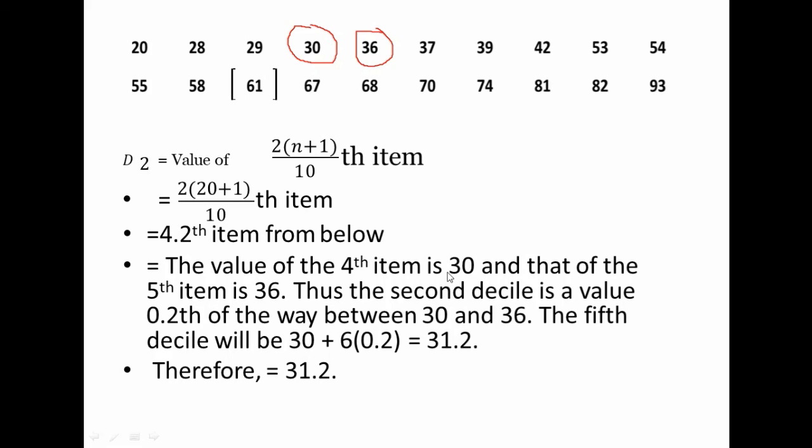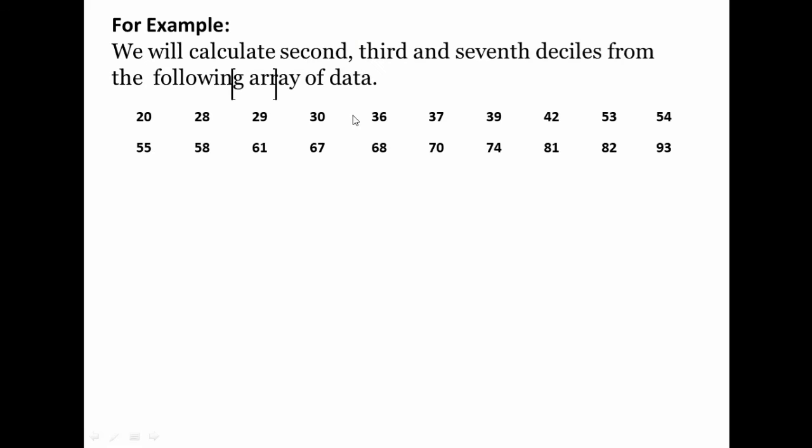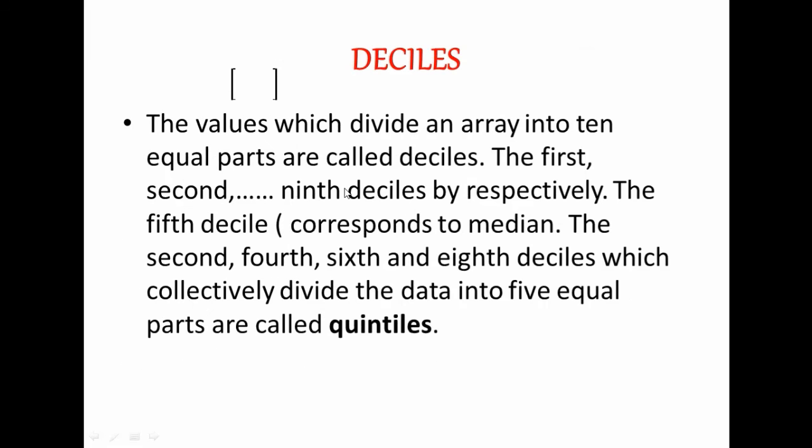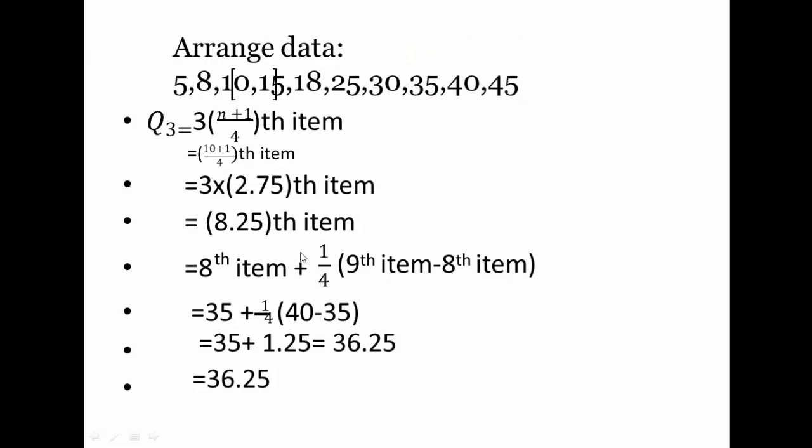So dear students, first of all, note the gap, the difference between these two numbers. Similarly, for the quartiles, you see over here in the previous slides, for the quartiles 0.25.